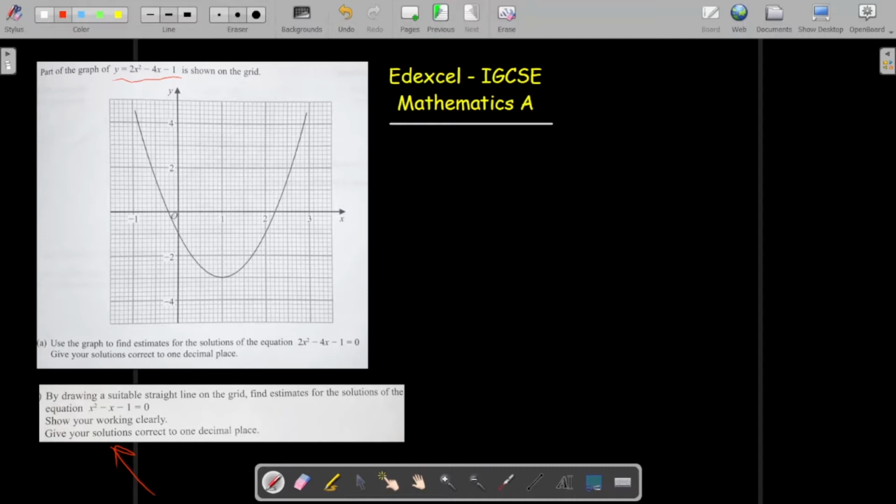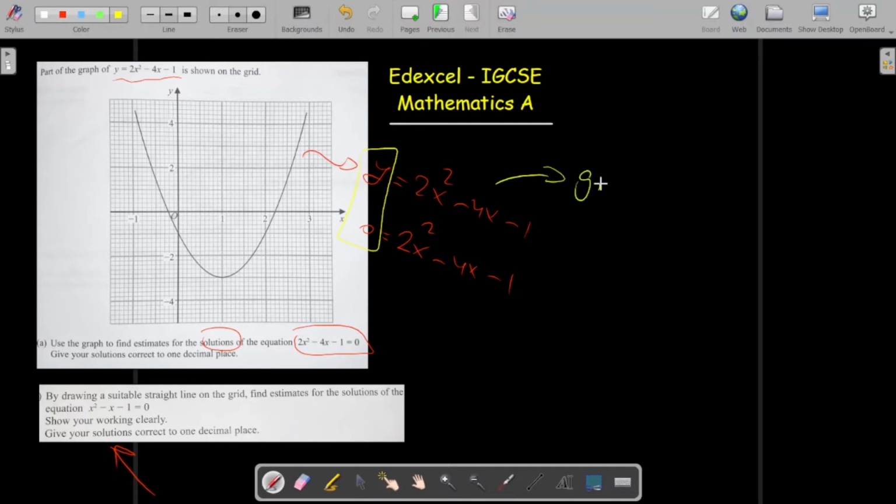When you see this kind of problem that gives you the equation of a graph, y equals 2x squared minus 4x minus 1, and asks you to find a solution for the equation 2x squared minus 4x minus 1 equals 0, I wrote 0 on the left side purposely so you can understand how to build a relation between the given information.